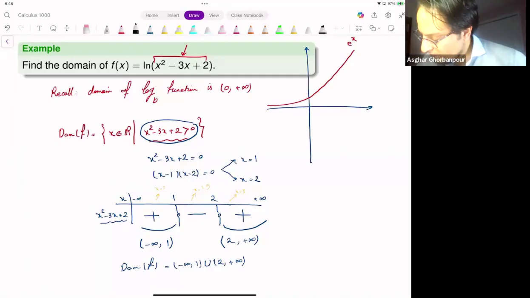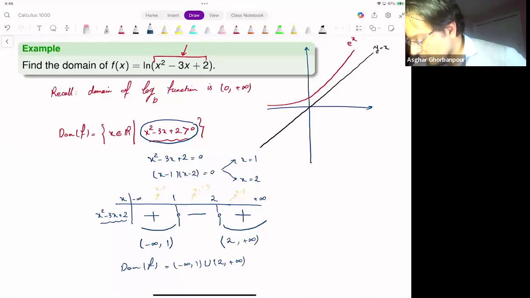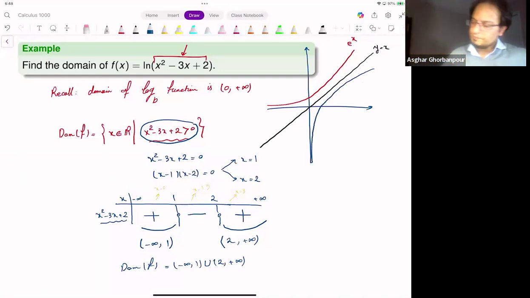And when you have an inverse, you find the graph reflected with respect to the line y equal to x. So that gives me the graph of the ln function, which will go like this, and then go down. And that is the graph.